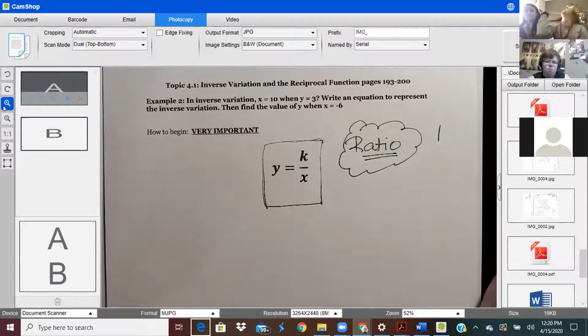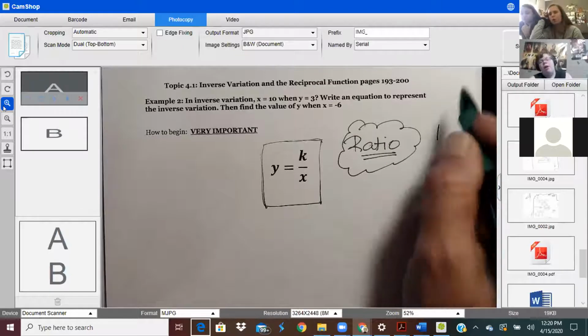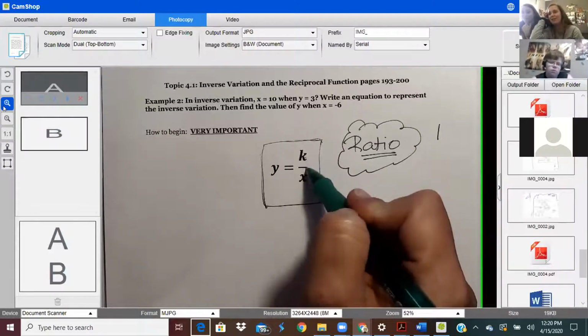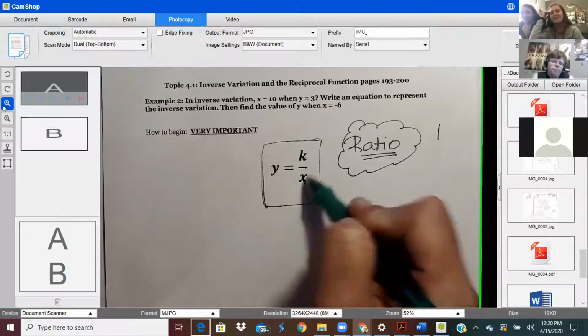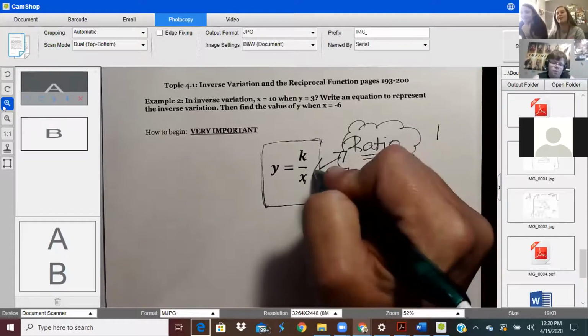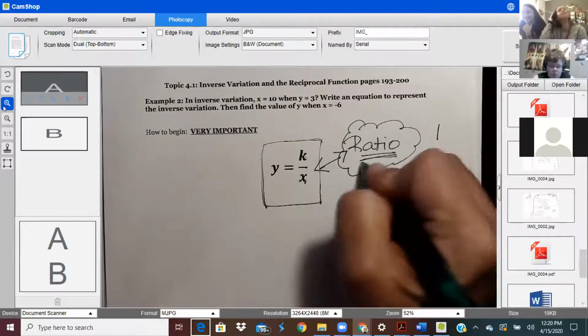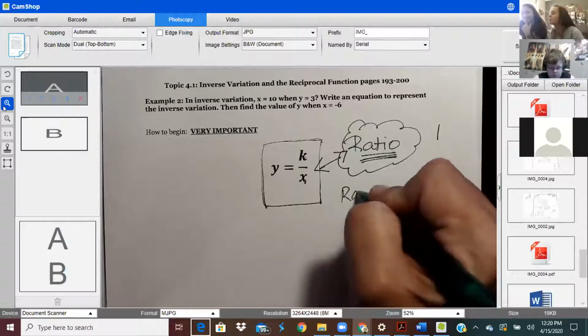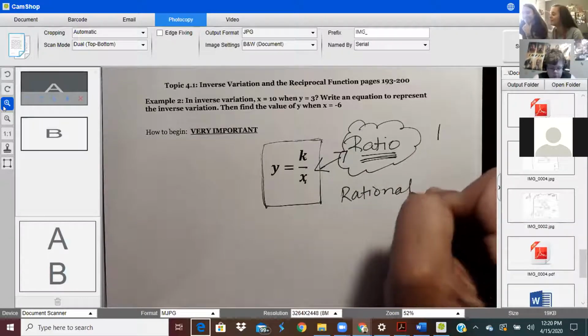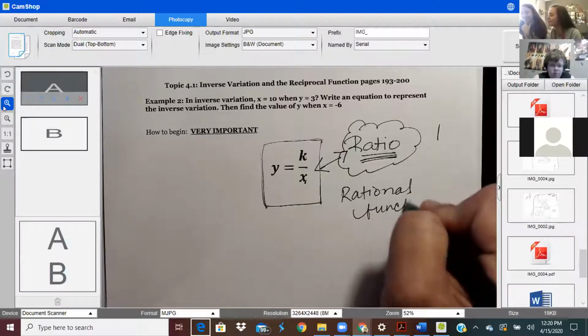Fraction, ain't it? Yeah, that's exactly right, Jonathan. A ratio is a fraction. And so k divided by x, that's a ratio. And from that base word ratio, we're looking at rational functions.